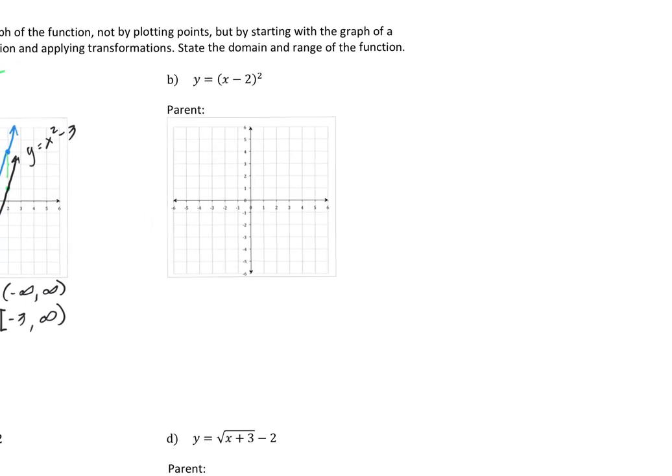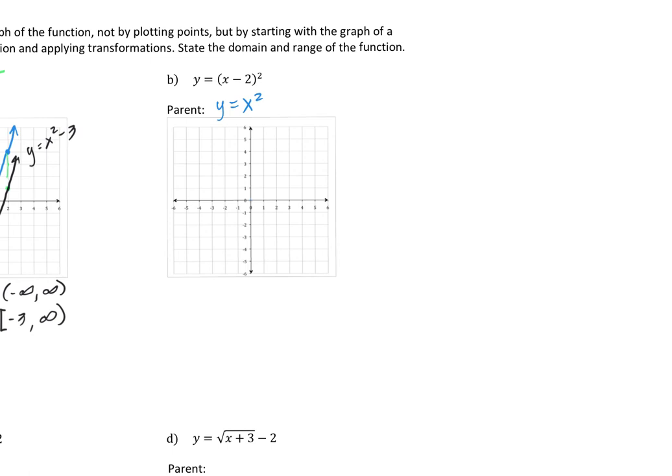Let's try this again in part B. Again, the parent function here is still our squaring function, x squared. I'm changing the x value within the parentheses. So if you just take away that minus 2, you end up with y equal to x squared.